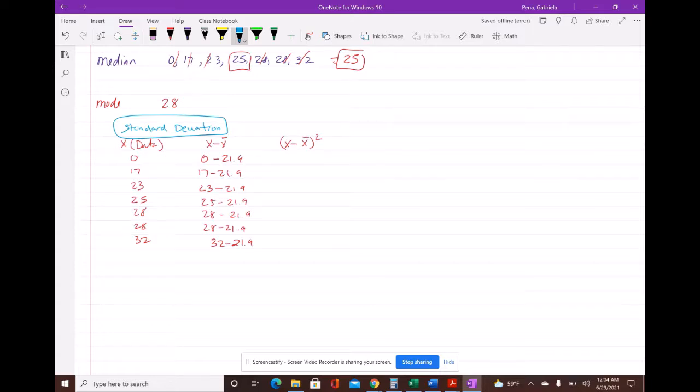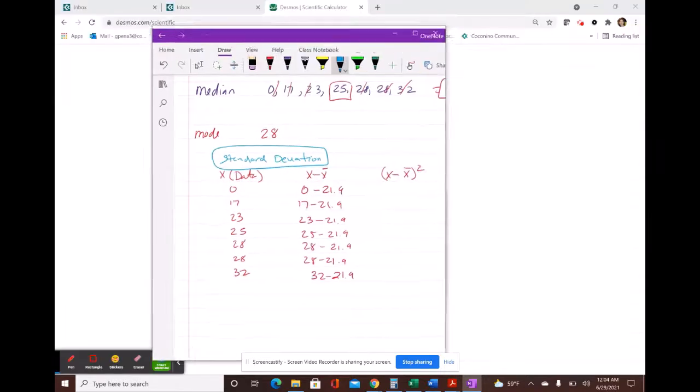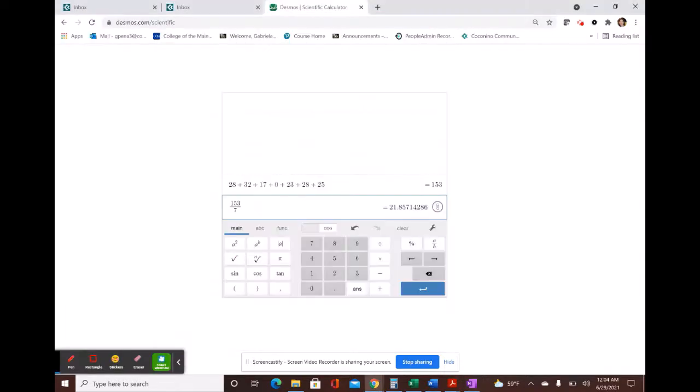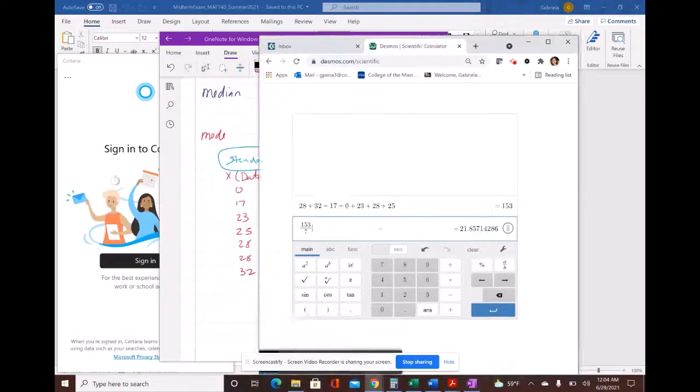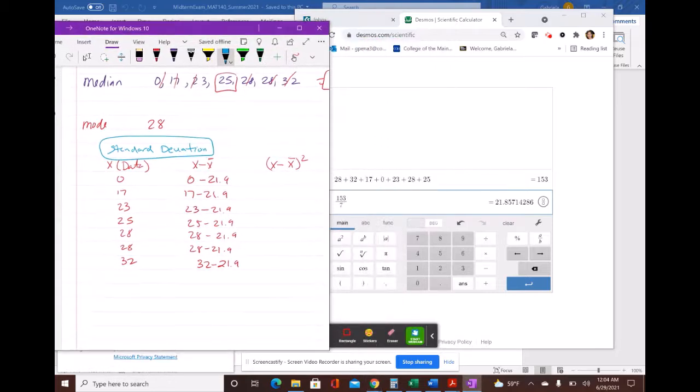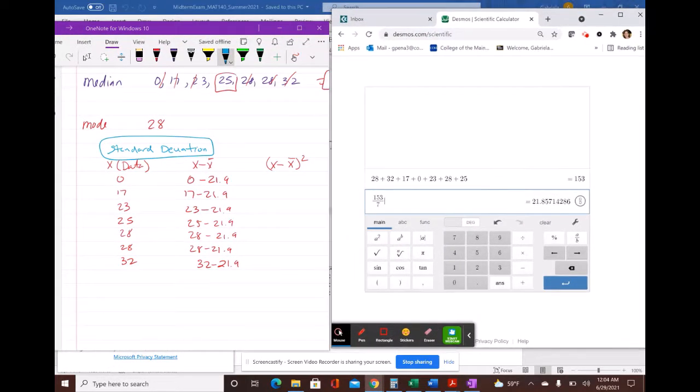That's what we're doing. The data, which was the numbers, we're subtracting them. Then we need to square them. If I do 0 minus 21.9, I get negative 21.9, but I need to square it.